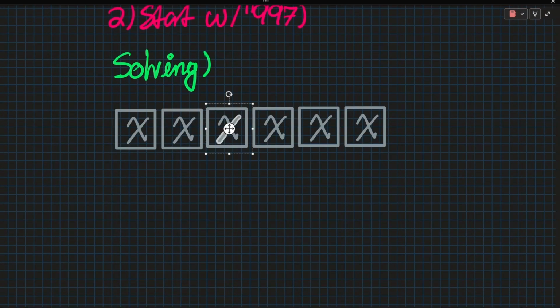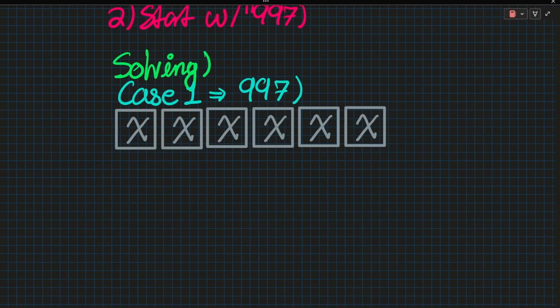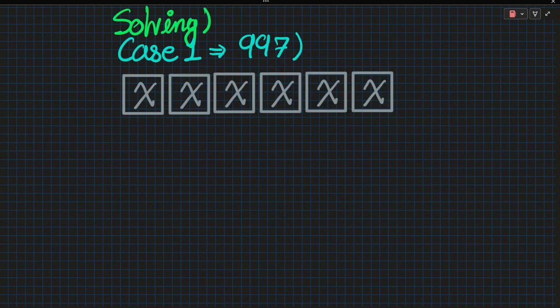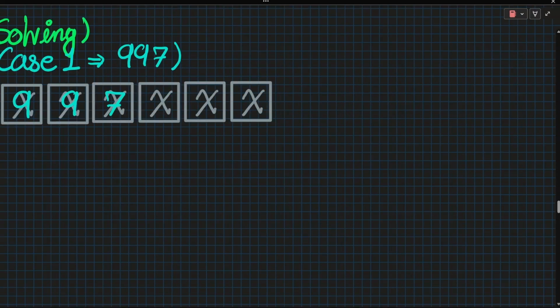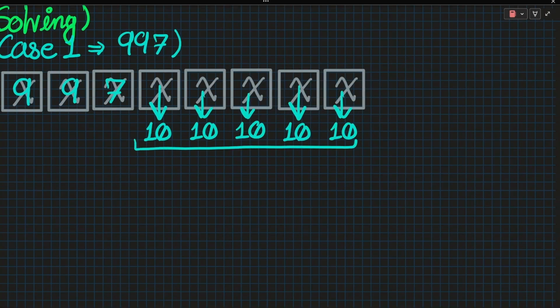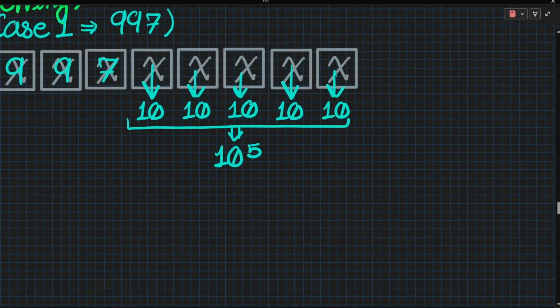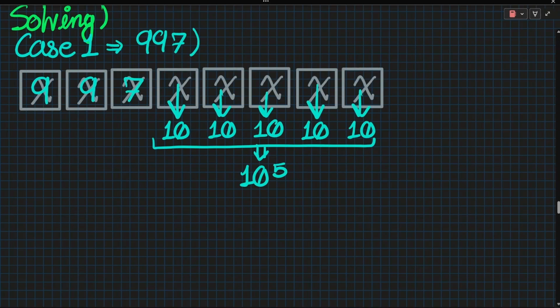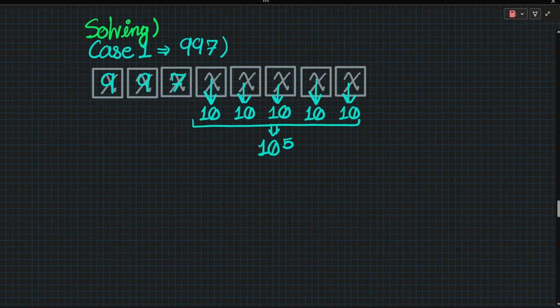Here we'll consider the case where 997 are the first 3 digits. Since we're able to have repeating numbers, we have 10 options for each of the remaining 5 slots, so we have a total of 10 to the 5 options. This accounts for all passwords that have 997 at the beginning.